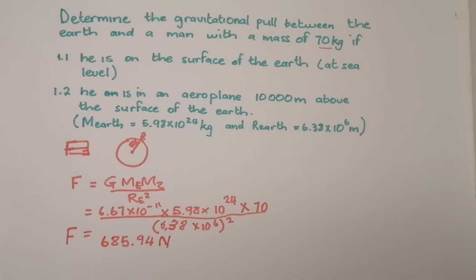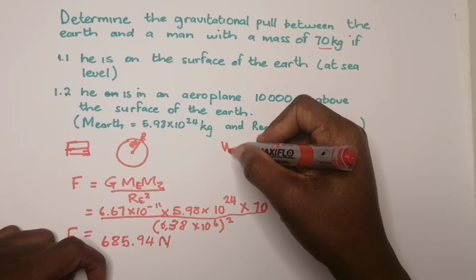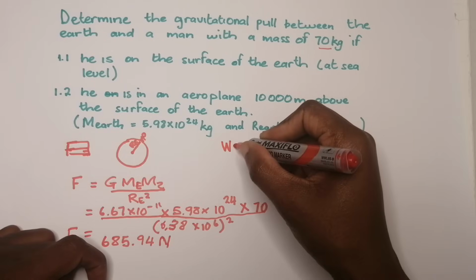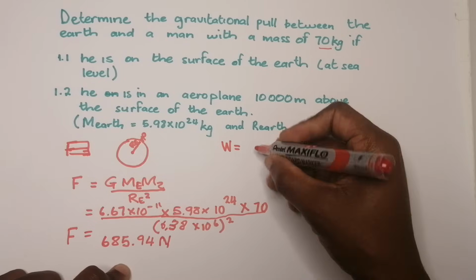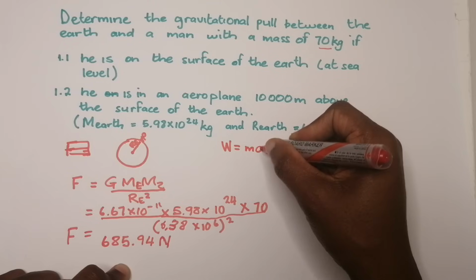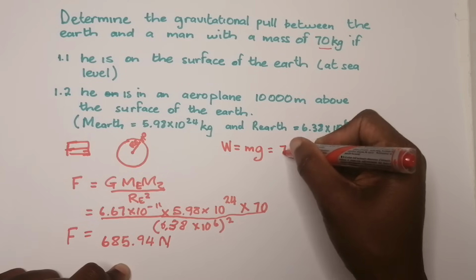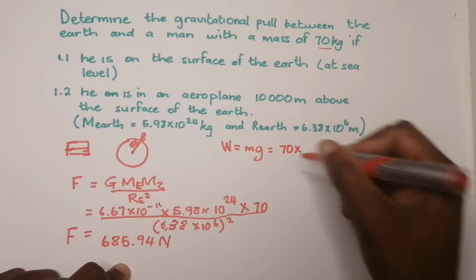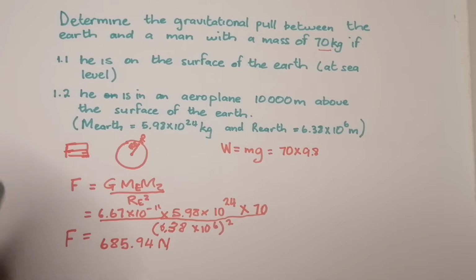By the way, remember that I said to you that the force of gravity, remember we're looking for gravitational force, would be the same force as the weight. You remember that? So I'm trying to show you that if we use this, let's check if we would get the same answer. So this would be mass multiplied by gravitational acceleration, isn't it? So this would be mass, which is 70 kilograms, multiplied by 9.8, and I'm going to do that with you so that you can verify it.